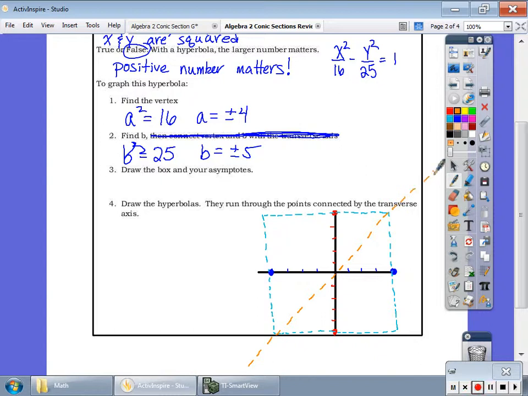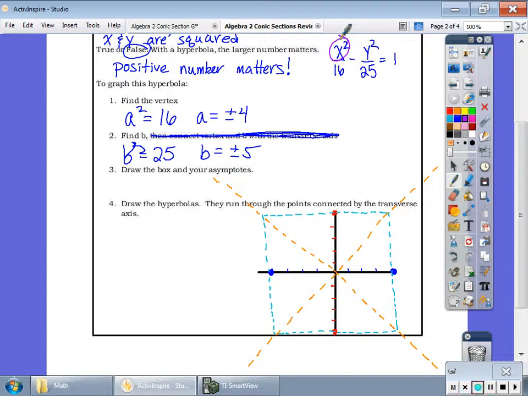Draw the hyperbola. Now, ladies and gentlemen, look at this. X is the squared. It's the positive variable there.